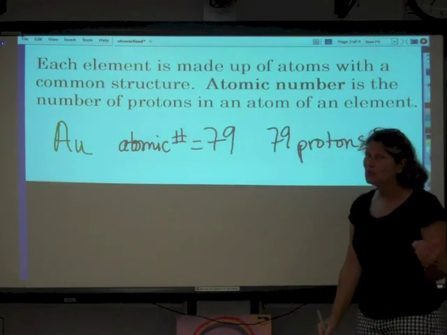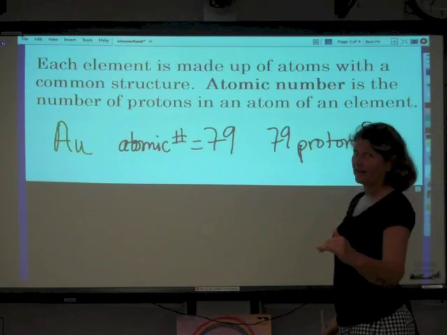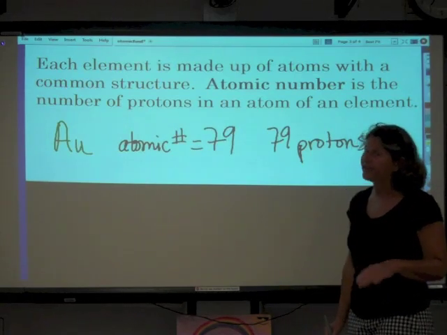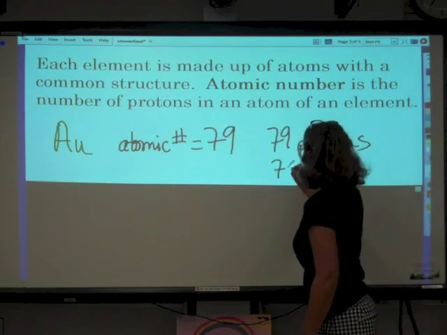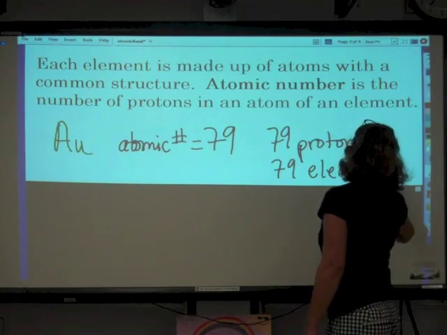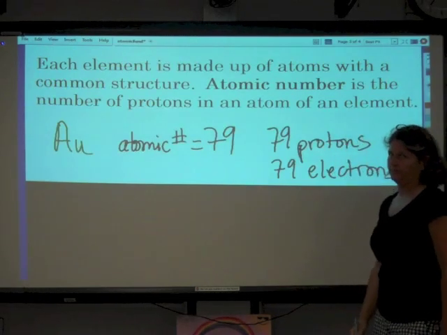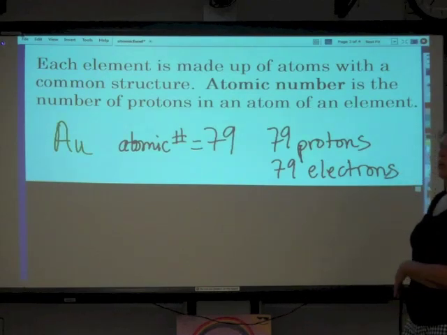And in a neutral gold atom, we're not talking about a gold ion, but a neutral gold atom has 79 electrons. Okay, so now the question is, what about the number of neutrons?